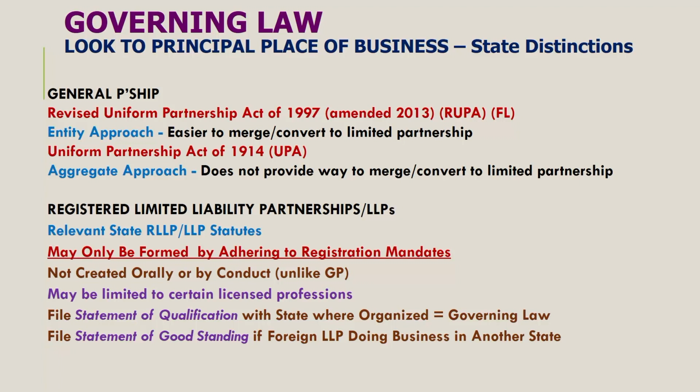UPA is the aggregate approach, meaning there is no separate entity, and the partnership is made up of each of the individuals participating in it. It's not easy to convert because it is just about the individuals, whereas under RUPA, it's pretty easy to convert to other business organizations.